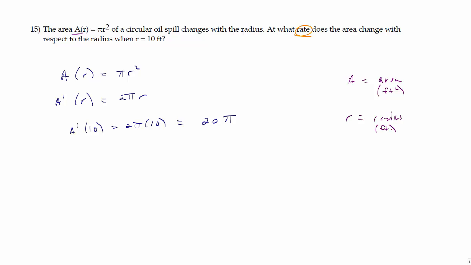So when I take the derivative, A prime of r, my label is something per something. So area, I get square feet, and my radius was in terms of feet. So my answer is going to be 20 pi square feet per foot. There you go.